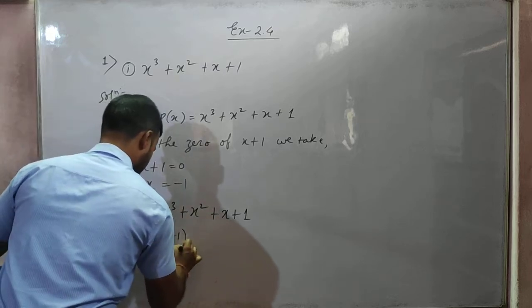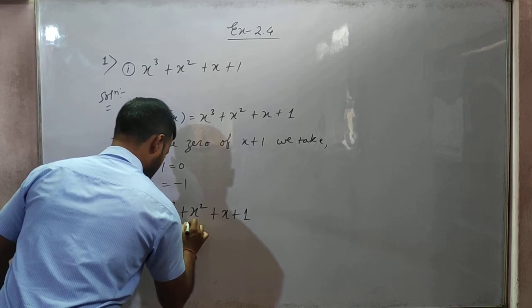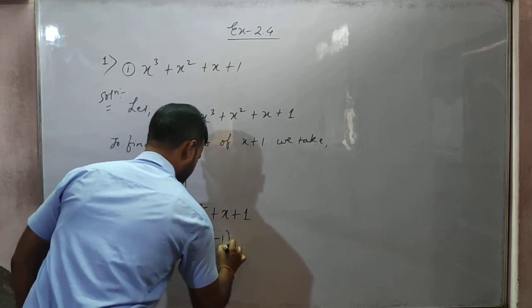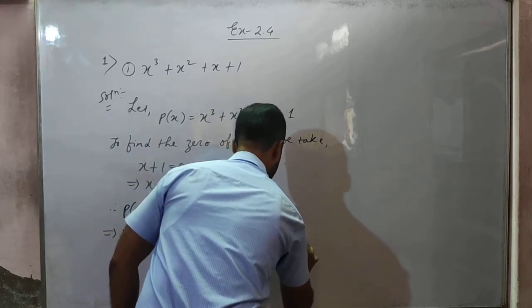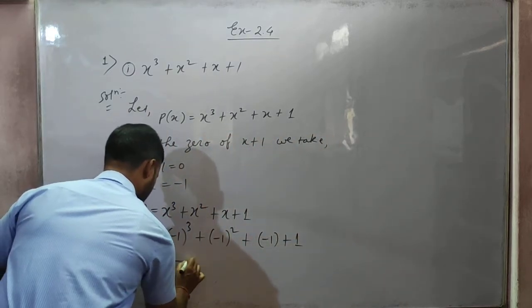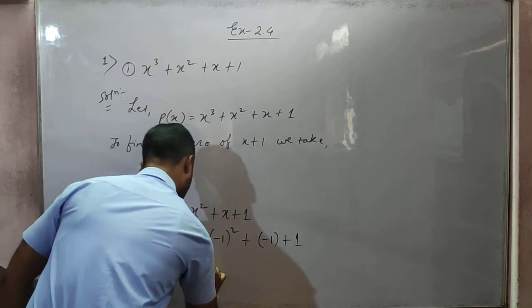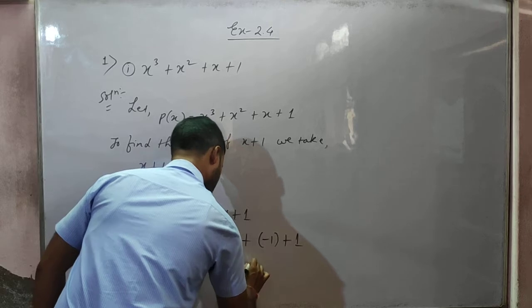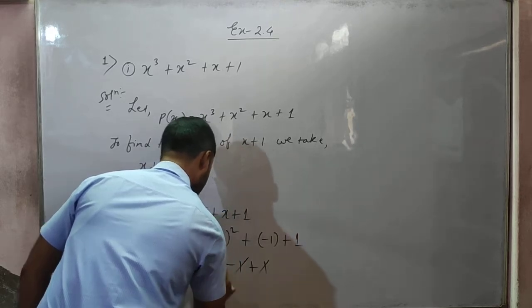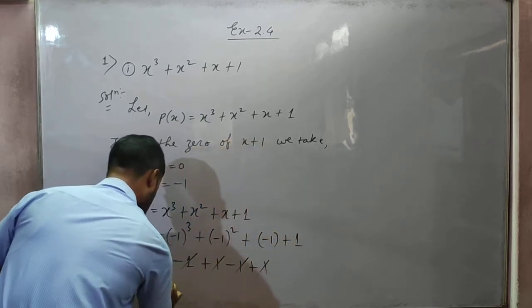So it will become minus 1 whole cube plus minus 1 whole square plus minus 1 plus 1. So minus 1 whole cube will be minus 1, plus 1, minus 1, plus 1, which is 0.